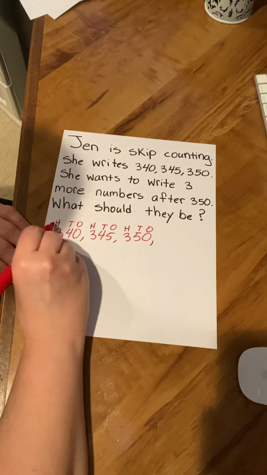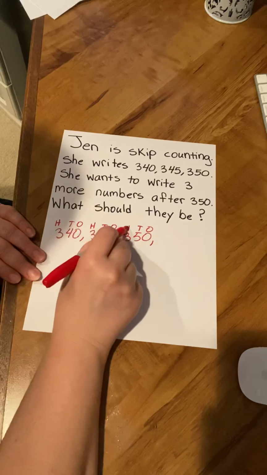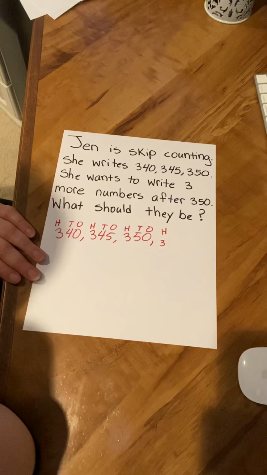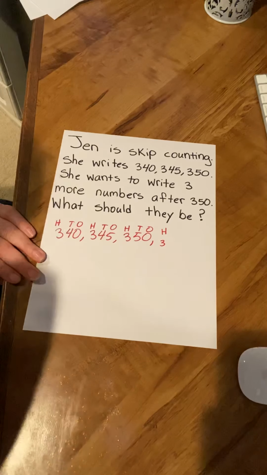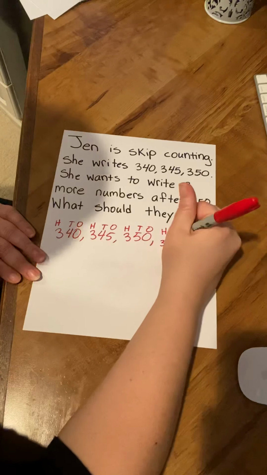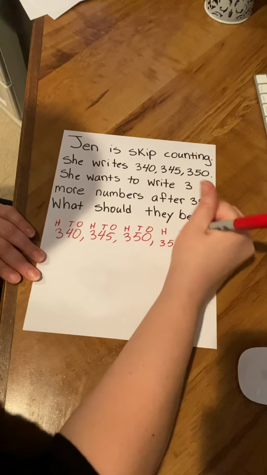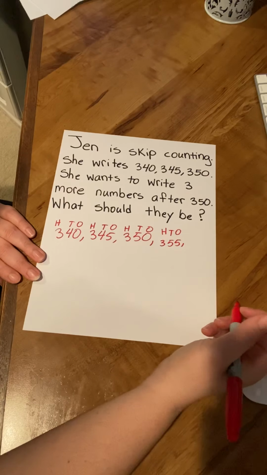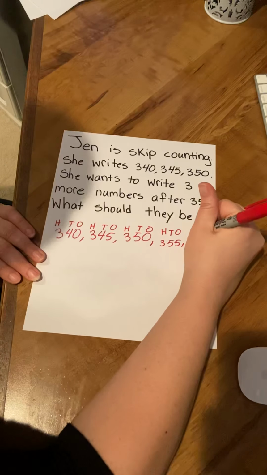Well, I know that the hundreds place is the same in each one, so I know it's going to be a 3. If I'm skip counting by fives, 40, 45, 50, what's next? 55. What's going to be my next number? 355.